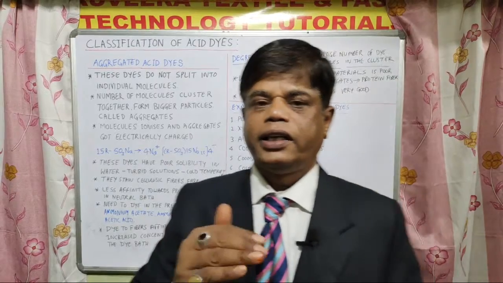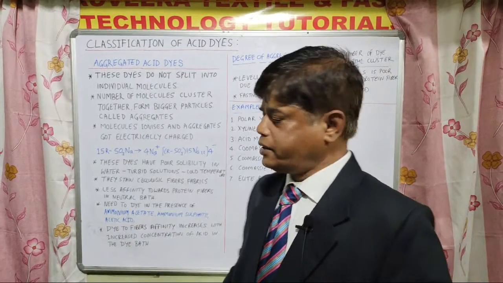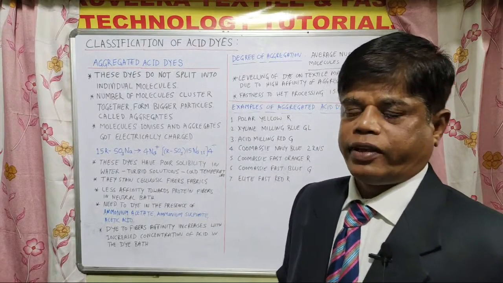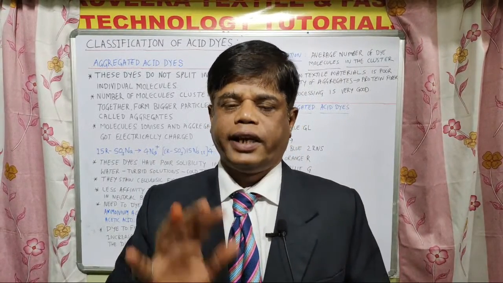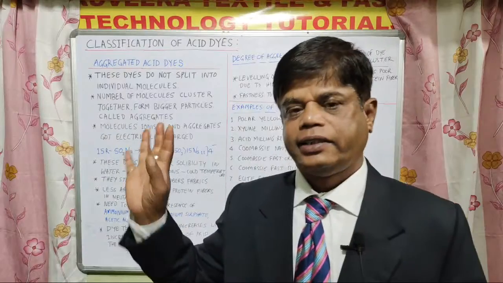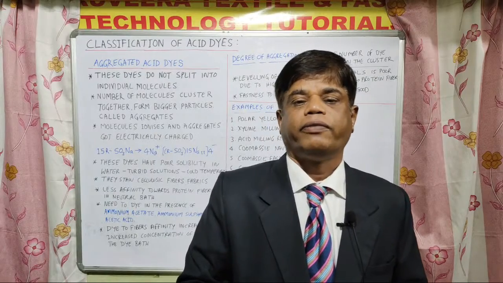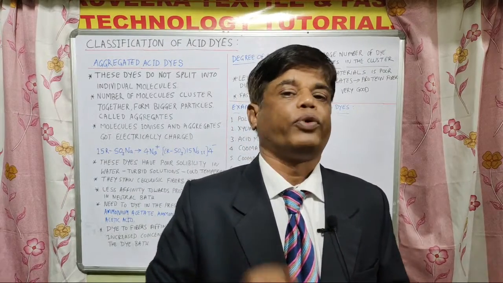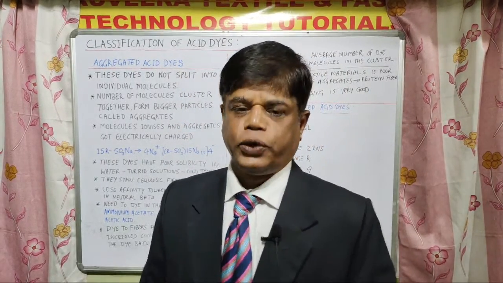So instead of maintaining a neutral bath, if other chemical agents are used, such as ammonium acetate, ammonium sulfate, or acetic acid, along with the aggregated acid dyes, and the required high temperature is also maintained, there are chances of increased affinity towards the protein fibers, silk, wool or nylon. Cold temperature is not suitable for these fibers, especially in a neutral bath.